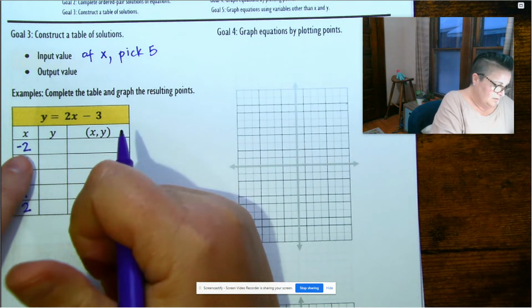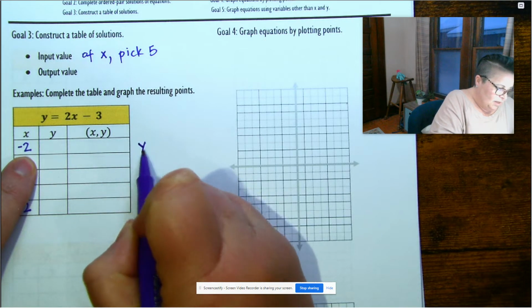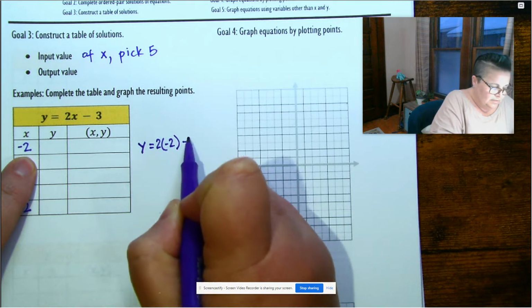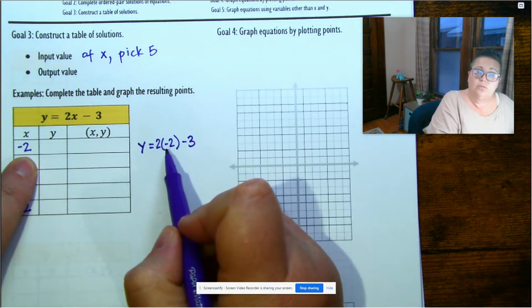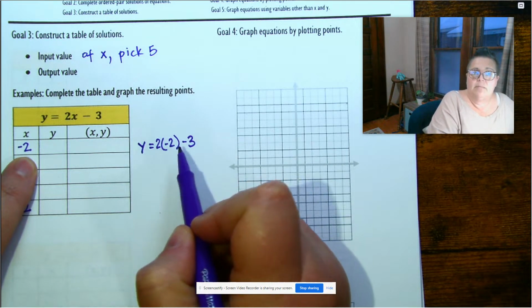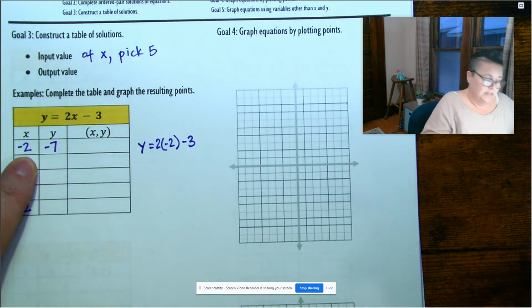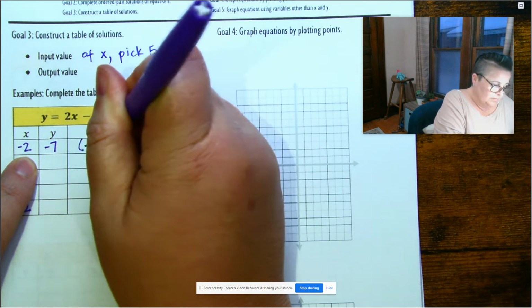So what are we going to do? We're going to first do y is equal to 2 times a negative 2 minus 3. That's our work. 2 times a negative 2 is negative 4. Minus 3 more is negative 7. This gives us our first point at a negative 2, negative 7.